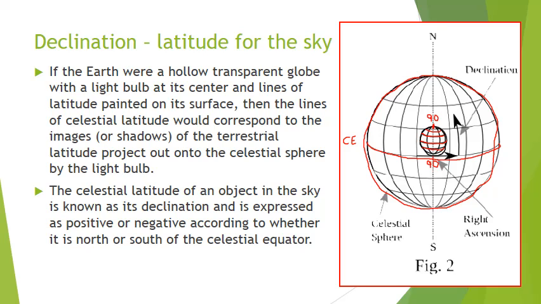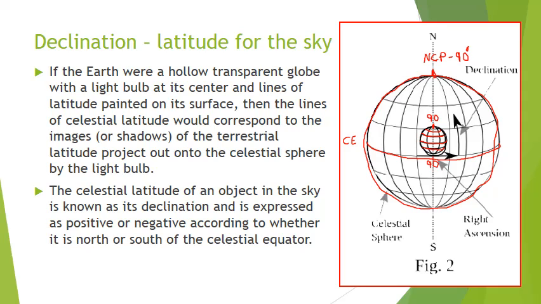And so notice how we have the geographic North Pole. When you extend it outward and let it puncture the celestial sphere, you wind up with the North Celestial Pole, the NCP. Well, in a similar way, just like the geographic North Pole has a latitude of 90, the NCP has a declination of 90.